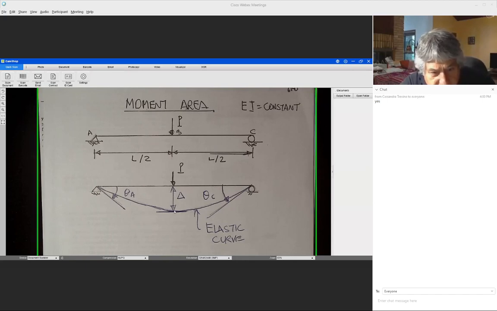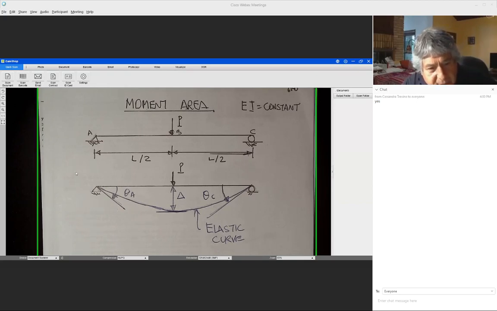This is the elastic curve. It means how this beam will deform when you apply the load. From the original location of the beam to the final location, this is the deflection. All of these values are deflections.